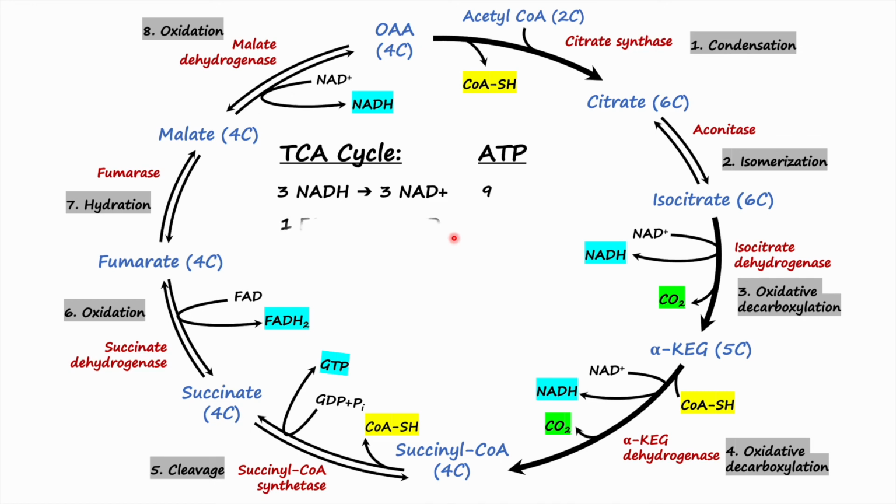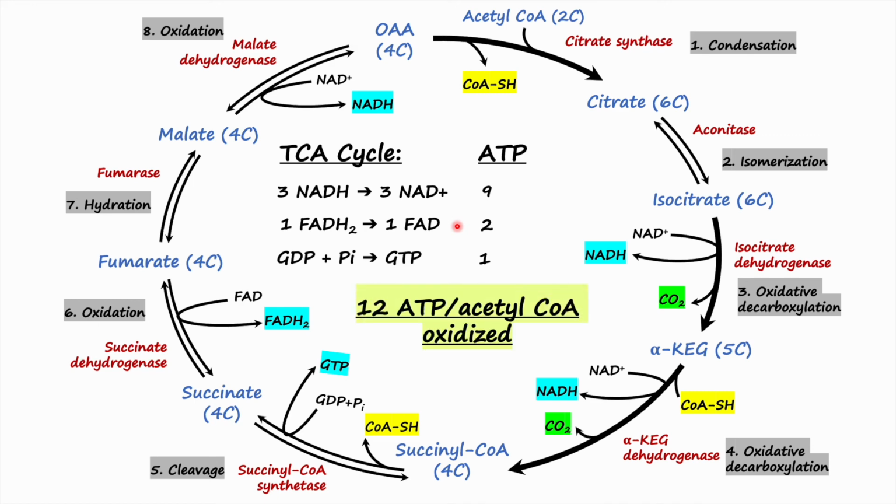The TCA cycle also generates 1 reduced FADH2, and when this FADH2 is oxidized to FAD, it synthesizes 2 ATP. And 1 ATP is also synthesized in the form of substrate-level phosphorylation. So basically the total yield of ATP from the oxidation of one acetyl coenzyme A is 12. That means 12 ATP are synthesized per oxidation of 1 molecule of acetyl coenzyme A.